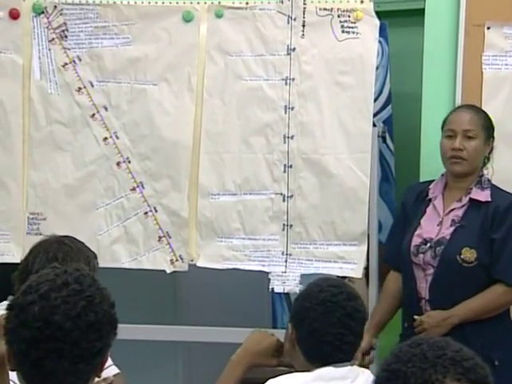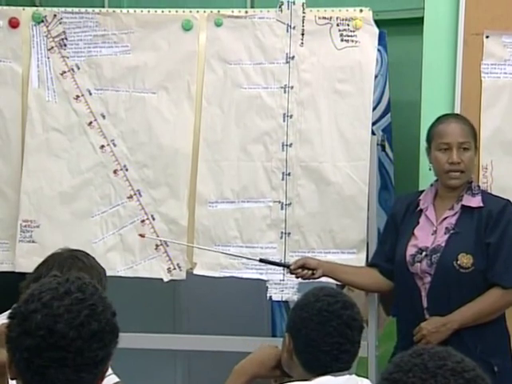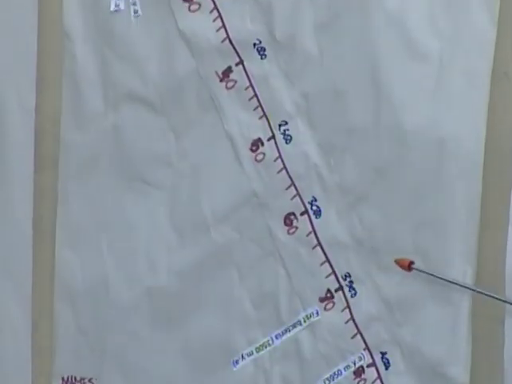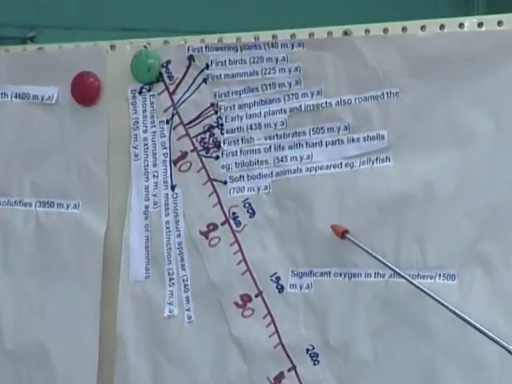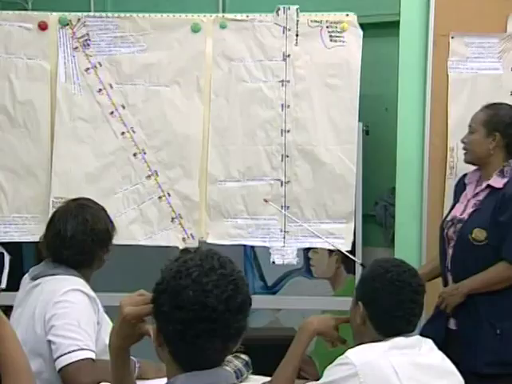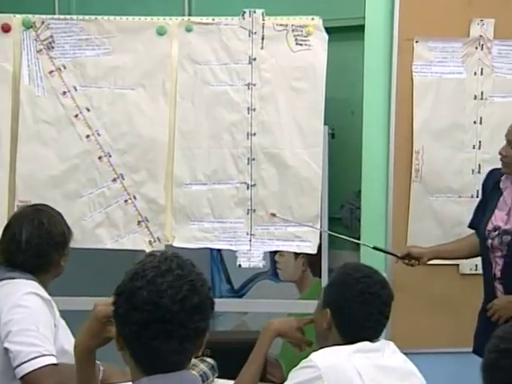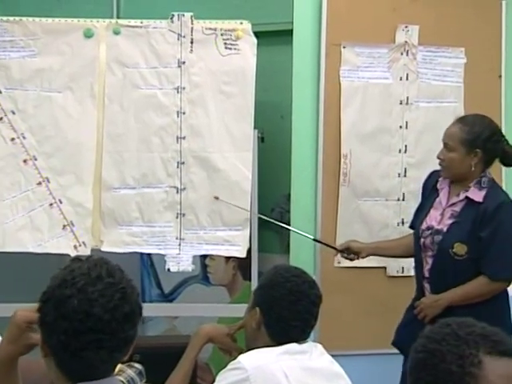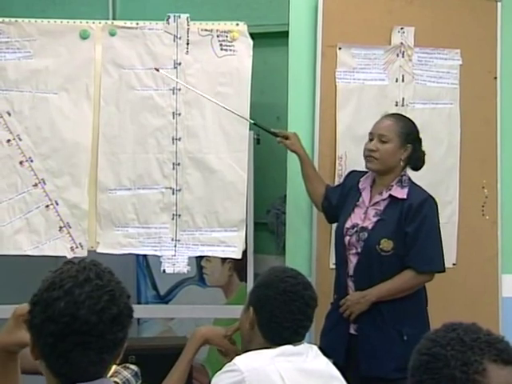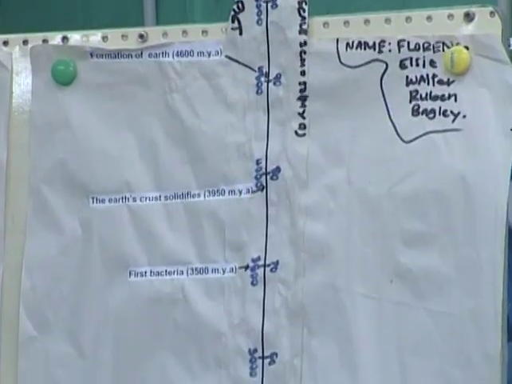Some of the groups came up with very neat work, and some of them made mistakes. However, they corrected their mistakes but looked a bit untidy. So you can see this is one group. That's another group on that side. And the papers are placed, some of them started with the recent years, meaning from 0 million years to 5,000 million years.